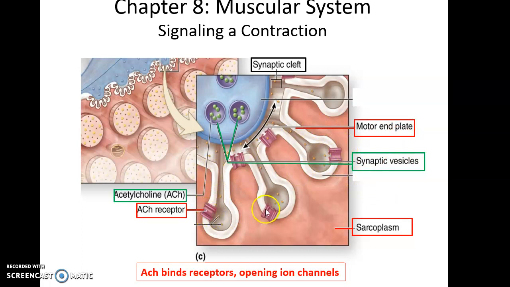There are transmembrane proteins in the motor end plate that have binding sites, or receptors, for acetylcholine. When acetylcholine binds to those receptors, it causes those transmembrane proteins to open up and have open channels, allowing ions to flood into the skeletal muscle cell. So acetylcholine binds, ion channels open, and ions flood into the muscle cell.